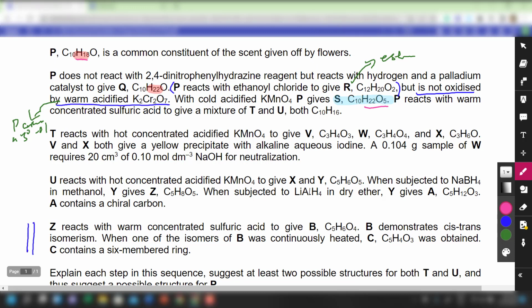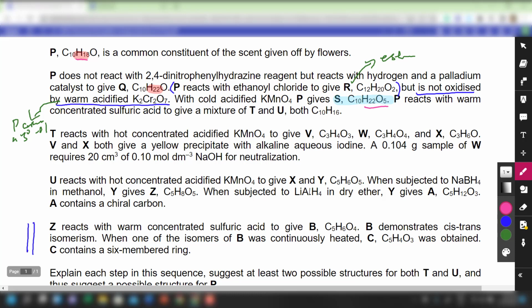Because the reaction with cold acidified KMnO4 is what we call mild oxidation. Remember from your alkenes chapter, there are two forms of oxidation with KMnO4. One is oxidative cleavage, when we subject an alkene to hot acidified KMnO4, and then the C=C double bond will break.